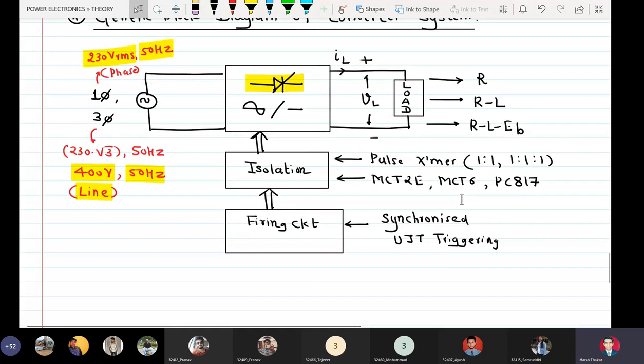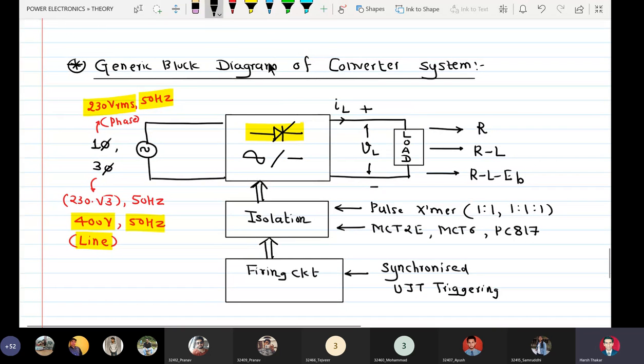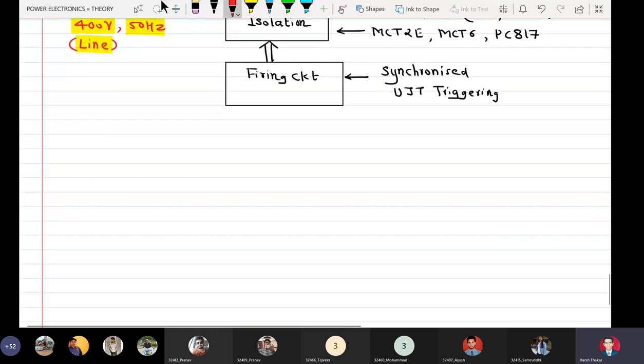Okay, and understand one thing, that when I say VL here, please be very clear. When I say VL here, I actually mean VL AVG, or average content, and I am not interested in the VL RMS even if it is existing or non-zero. Okay, so I can make a very strong comment here.